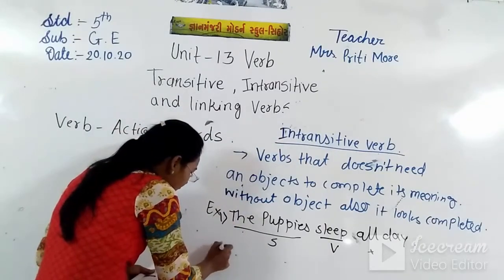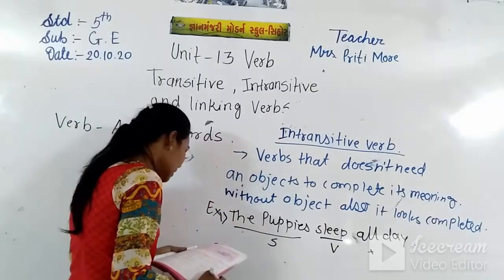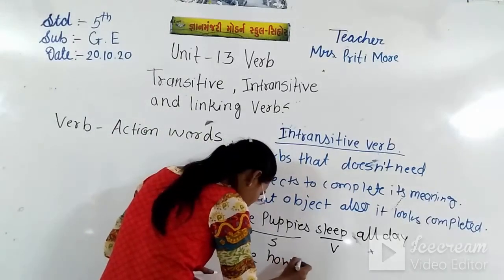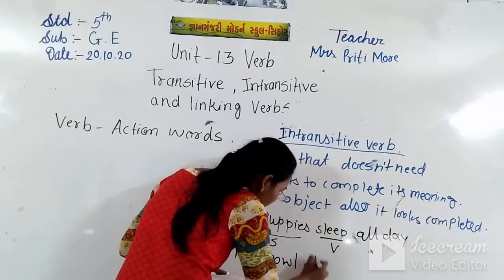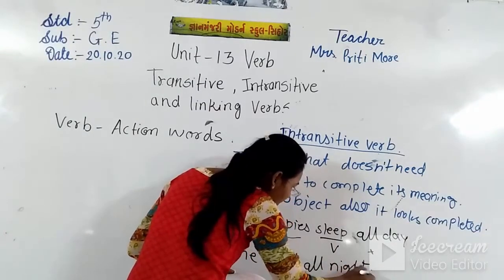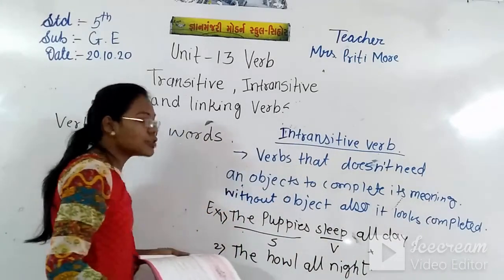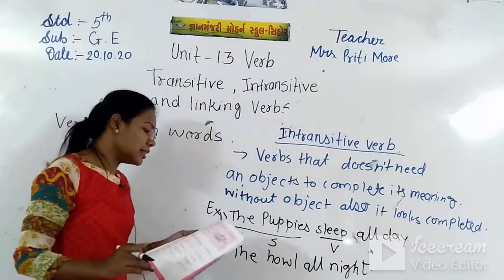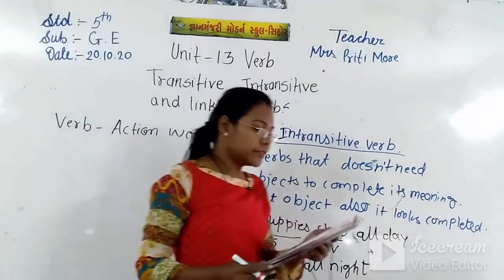Now the second example. The hall all night. So here also there is no object in this sentence, then also this sentence is completed.